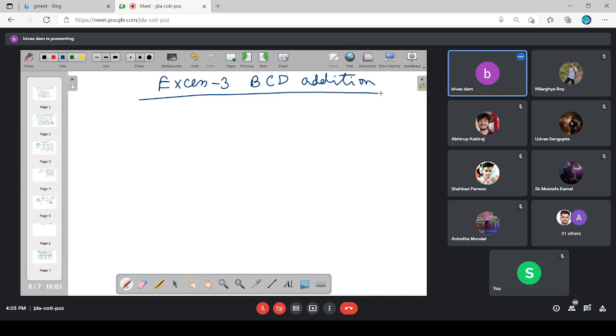Otherwise, if no carry was generated from this nibble to the next nibble during any previous addition operation, we have to subtract 3 from this nibble position. So either we'll be adding 0011 or we'll be subtracting 0011, depending upon whether a carry was generated from this nibble to the next nibble or not. So if there is a carry, we'll be adding 3; if there is no carry, we'll be subtracting 3.